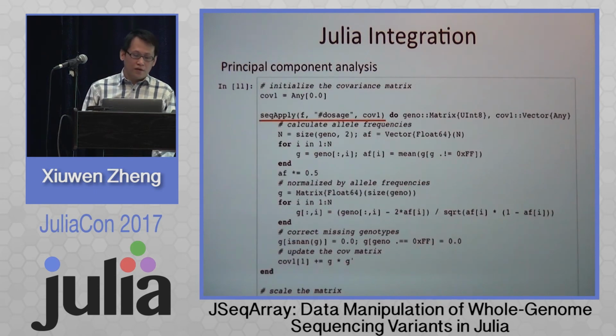Next, in the example of principal component analysis, we initialize the covariance matrix at the beginning, and then we use the function seqApply. The user-defined function calculates the allele frequency, normalizes the dosage matrix, imputes missing values, and updates the covariance matrix. Finally, we scale the covariance matrix by the sample size and the trace of that matrix.